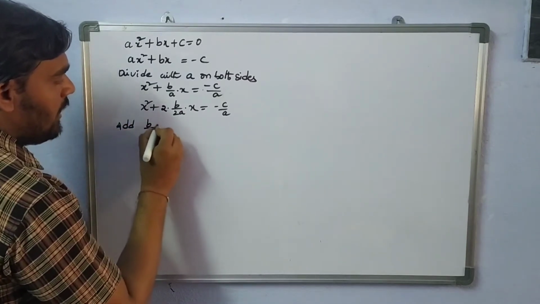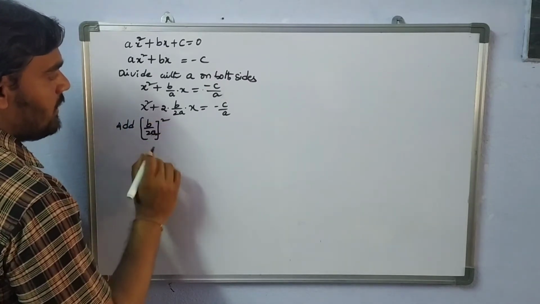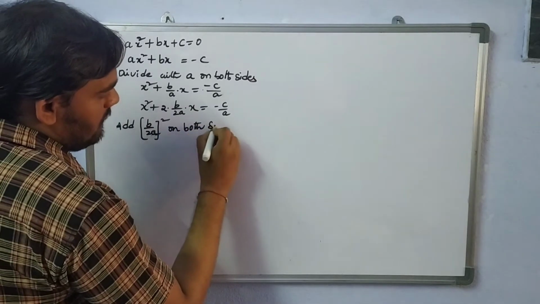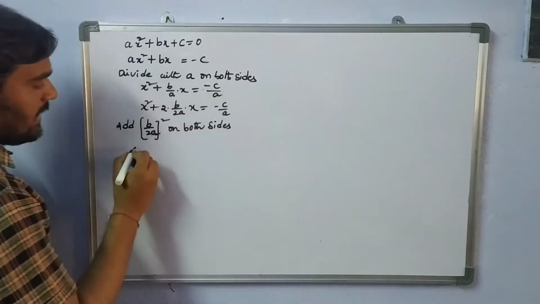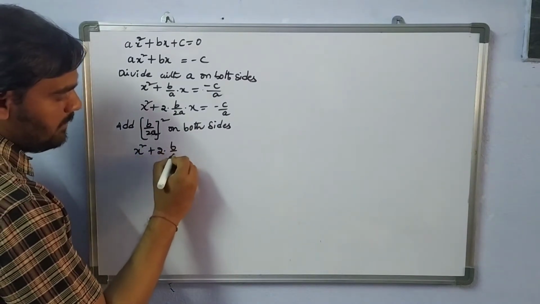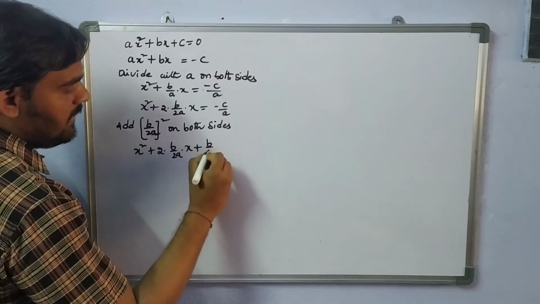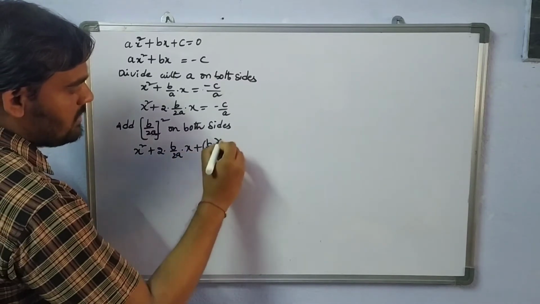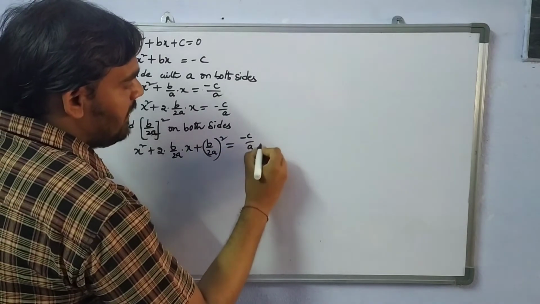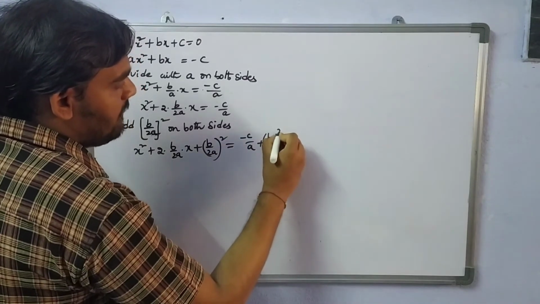Then we will get x square plus 2 into b by 2a into x plus b by 2a whole square is equal to minus c by a plus b by 2a whole square.